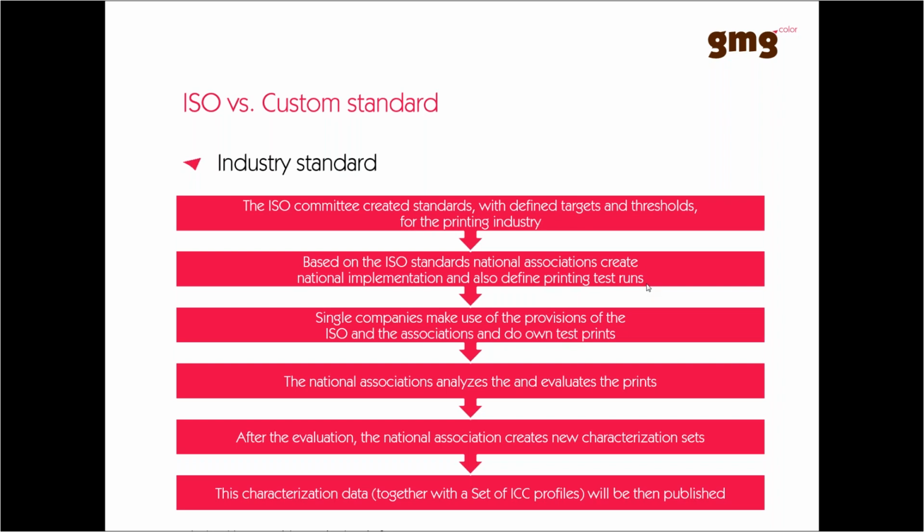And they have asked single companies in the printing industry if they would like to print according to the ISO some test prints, which they did. And these test prints were provided to the National Association, and they did an in-depth analysis of all these prints and evaluation.